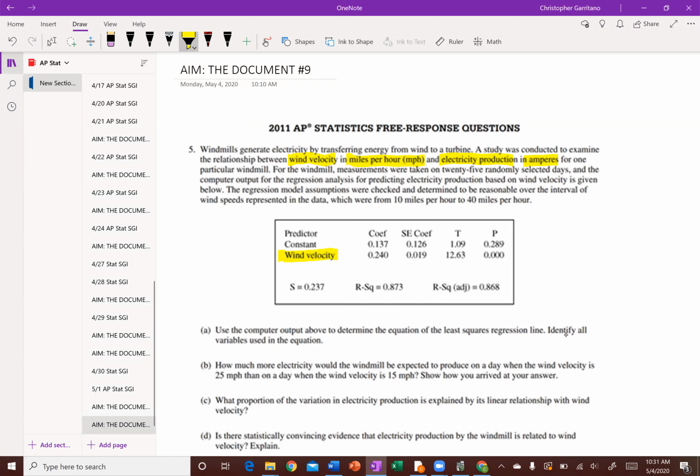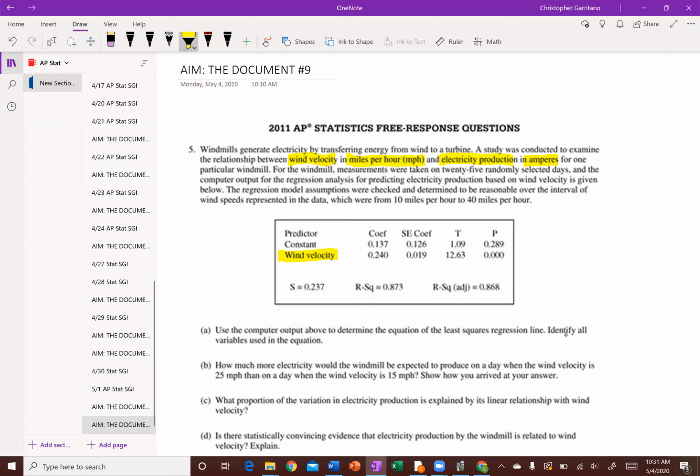So anyway, that's that. Just a side note: since the AP is going to focus on not too many calculator type problems, I really expect that you will be given some kind of table or computer readout like this.